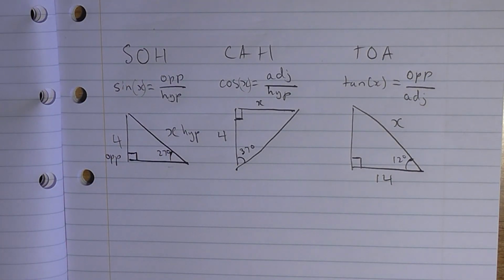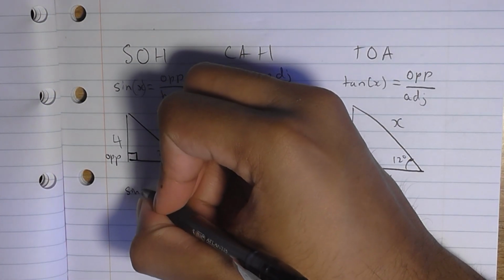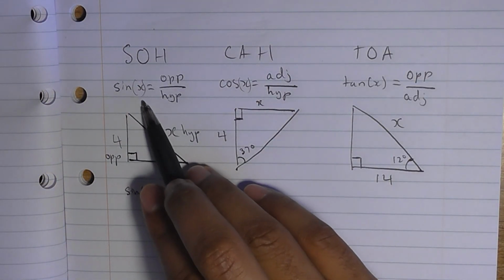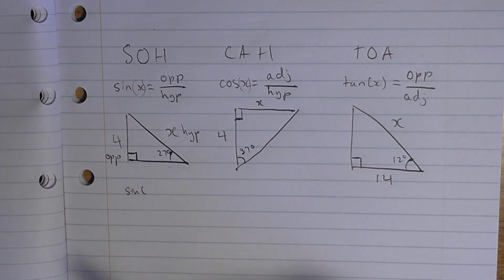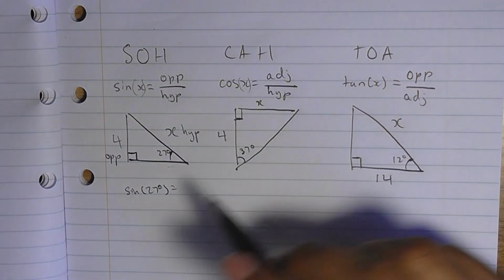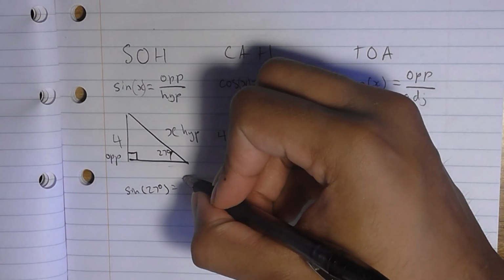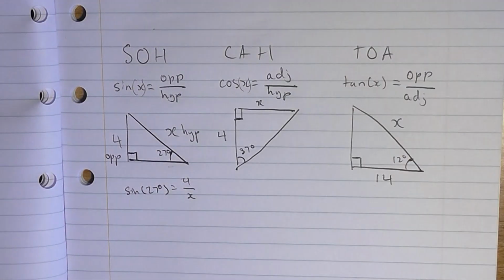Thus, we know that sine of the angle, right? That's what sine means. So sine of the angle 27 equals the opposite over the hypotenuse. So what's the opposite? 4 over x.